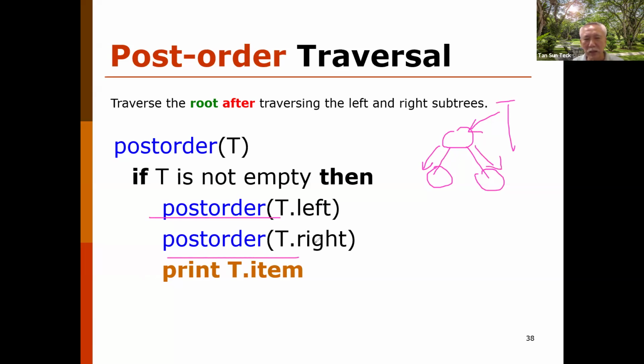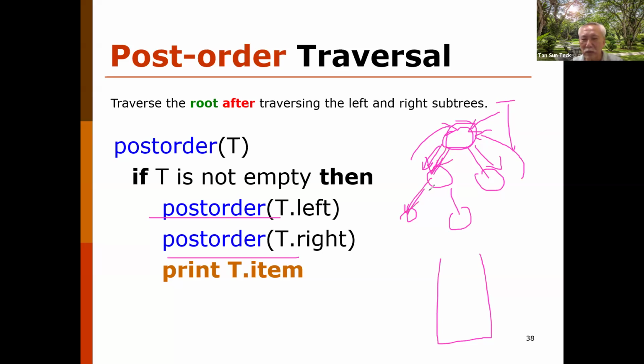After doing the left subtree, you must be able to come up here, and after doing the right subtree, you come up here to process the root node. So you must store the index or the reference somewhere before you go down, and remember they are recursive too. How do you store it? It must be on a stack.